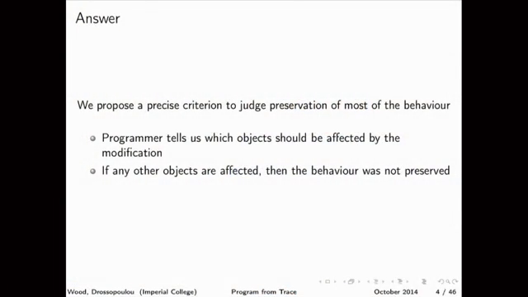So what I'm going to do in this talk is try to propose some precise criteria for this kind of partial preservation of behaviour, which is that only some objects should be affected by the change, and the rest of the objects should continue to behave in the way they did previously.